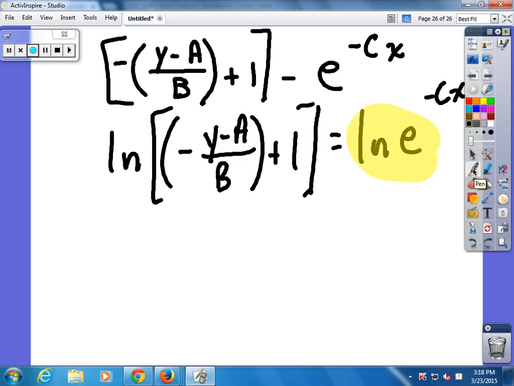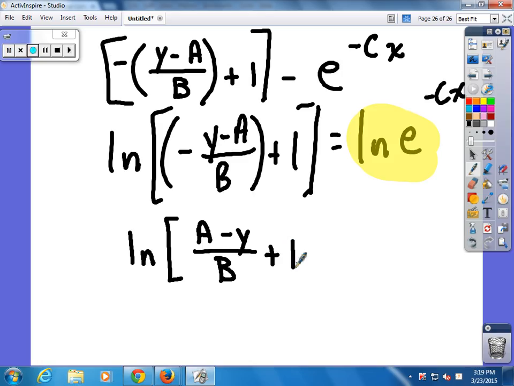That cx is going to come down, so you're going to get natural log of a minus y over b plus 1. How does that look? Does that look a little bit better? It's still nasty looking, but it's better than that top one.